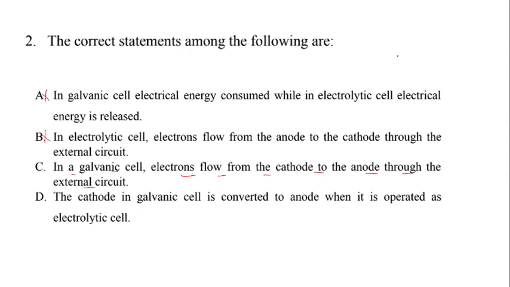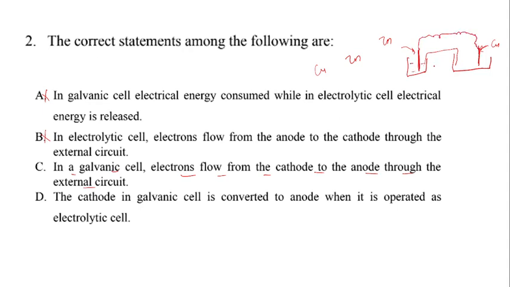Suppose we are making one cell which is made of zinc and, let's say, copper. So what is happening here? Suppose this electrode is made of zinc, and this other electrode is made of copper, and it is connected by a salt bridge like that. And suppose we connect it by wire like that.